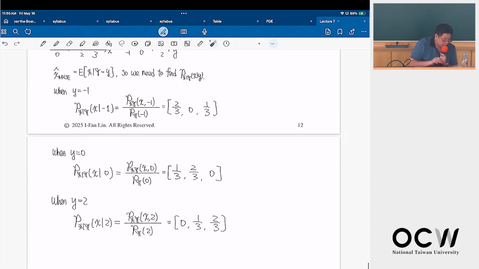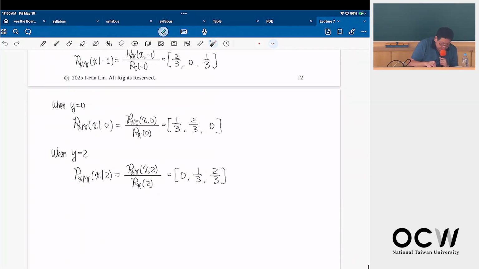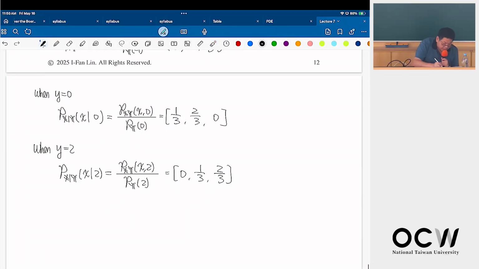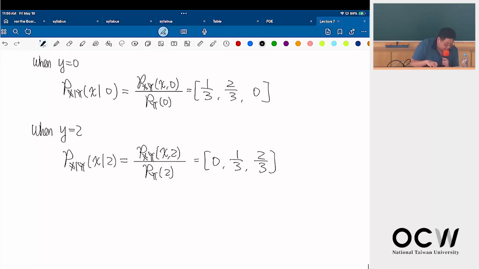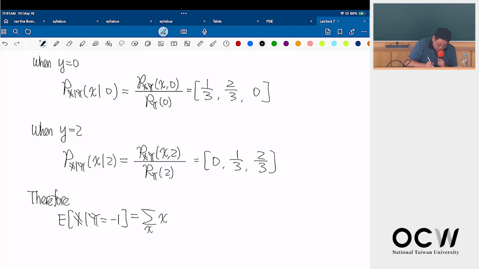Therefore, we can find the minimum mean square error estimator. The expectation of X given Y equals -1 is the summation: consider all possible outcomes times their weightings.